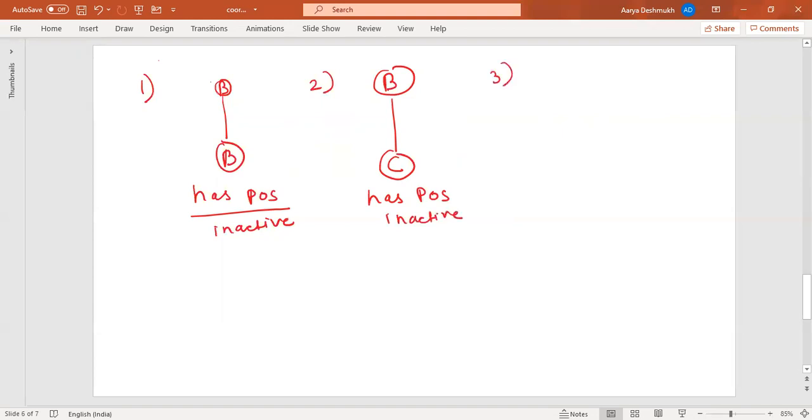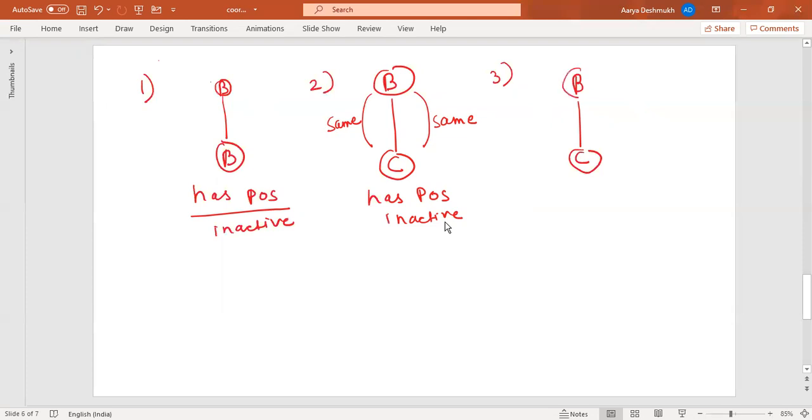Third trick, if these two are different and one more thing, the same adjacent groups are on both sides, if this is the situation, then again optically inactive.